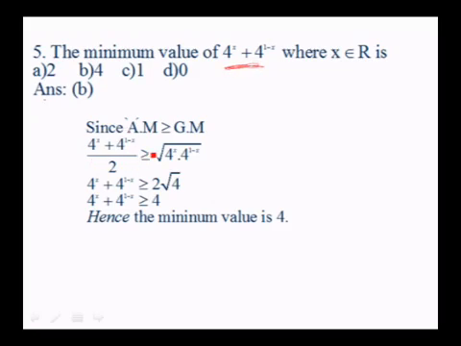That is greater than or equal to the geometric mean, root of 4 to the power of x into 4 to the power of 1 minus x. So 4 to the power of x plus 4 to the power of 1 minus x is greater than or equal to 2 into root of 4. Here x and 1 minus x give you 4 there. So root of 4 is 2, so 2 into 2 is 4. Therefore, the minimum value should be 4. Answer is 4.